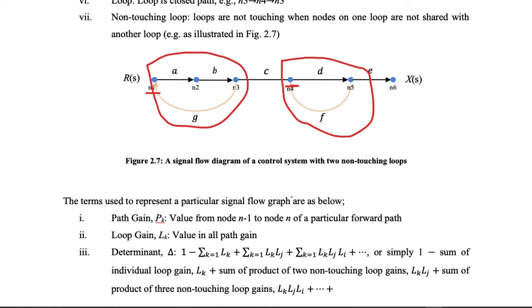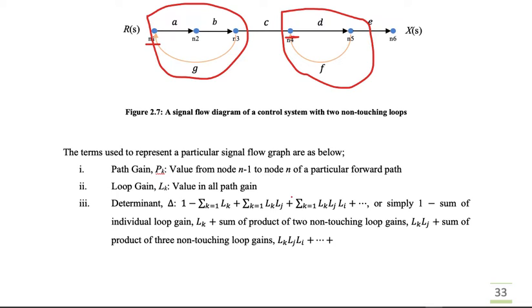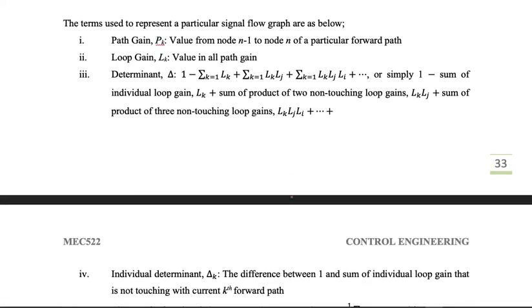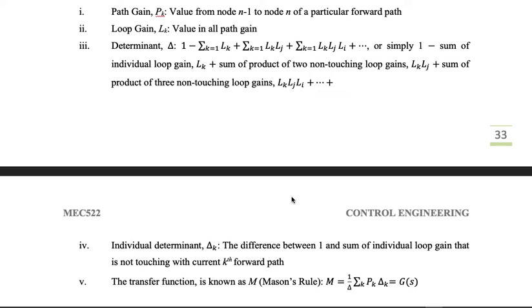Right, and then to determine a transfer function from a signal flow graph, we need to make use of 5 simple rules, where we make use of the definition of gain, the definition of the forward path, and some additional components, for example the determinant and the individual determinant, and Mason's rule. Mason's rule is basically the formulation that is used to obtain a transfer function.